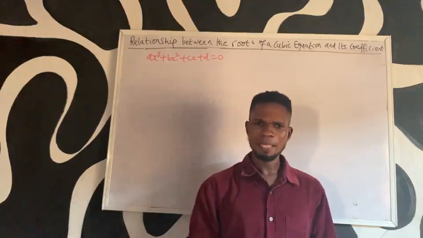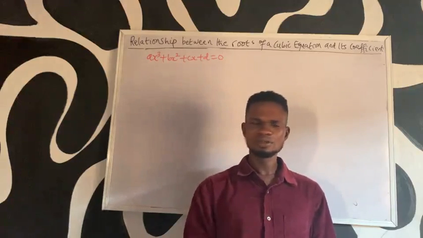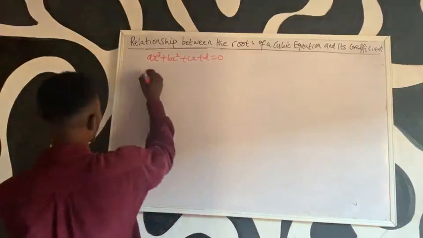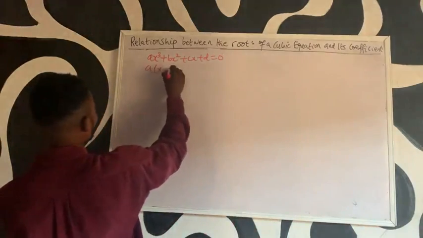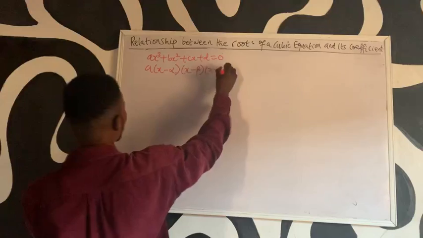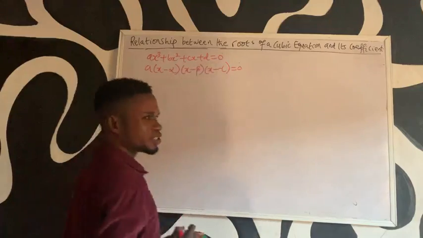So if alpha, beta, and gamma are the three roots of a cubic equation, then it's possible for us to have a into bracket x minus alpha, x minus beta, x minus gamma equal to 0.